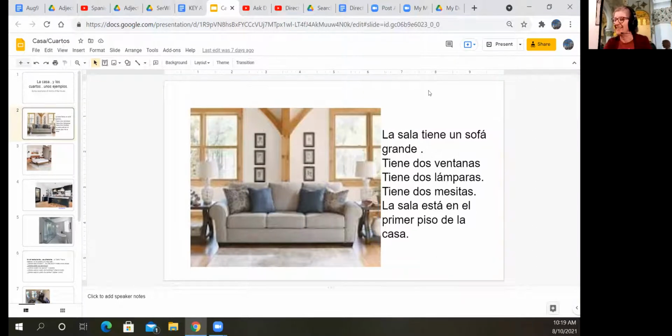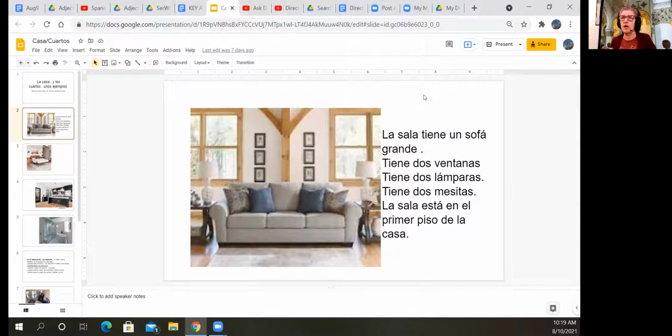Here we go. La sala tiene. The living room es la sala, ¿verdad? La sala tiene un sofá grande. It has a big sofa. Tiene dos ventanas. Tiene dos lámparas grandes. It's got two big lamps. Tiene dos mesitas. It's got two side tables.